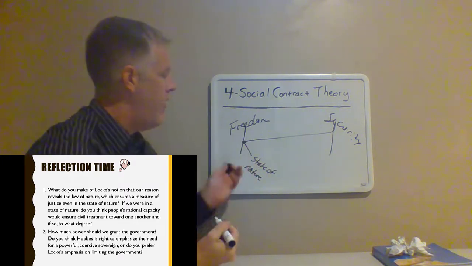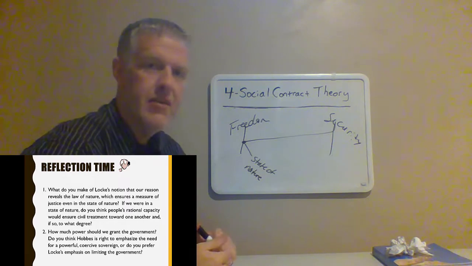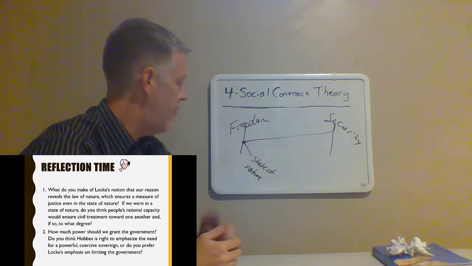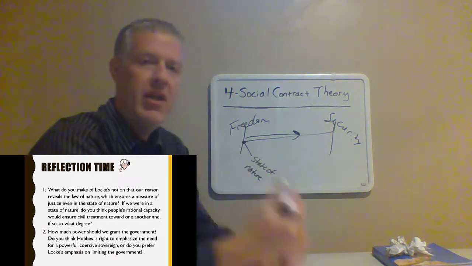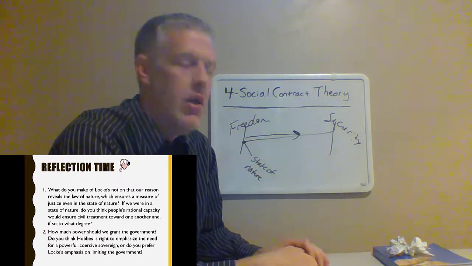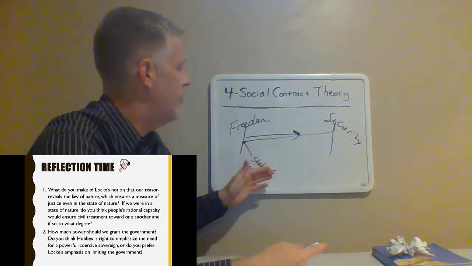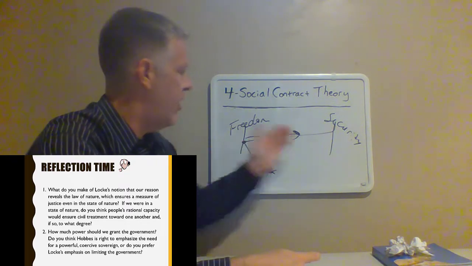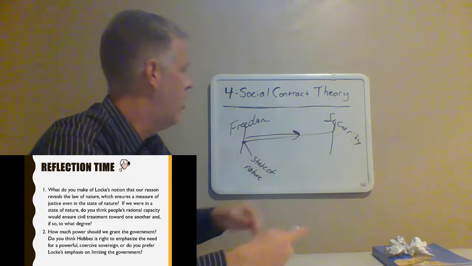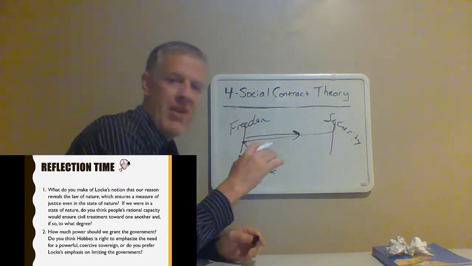Now, very few of us are anarchists. Maybe there's some of us. But most of us are going to say, hey, we've got to move this way. Well, again, how far do we need to move? Now, Hobbes would seem to be, given his extreme lack of trust in anyone, that we need to give up a lot of this. We're going to need to move pretty far. Or Locke, maybe not so much.